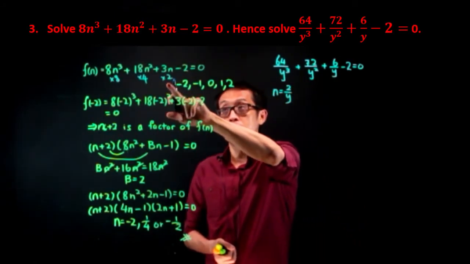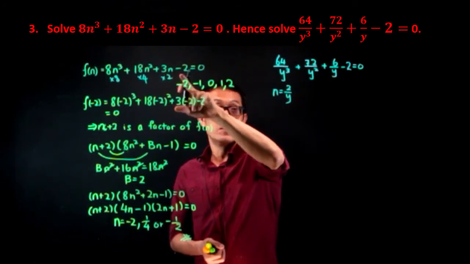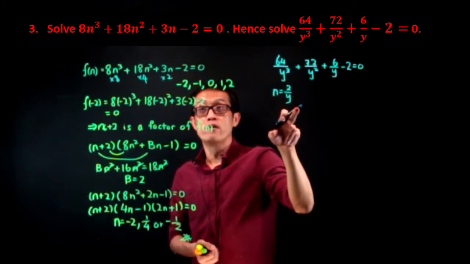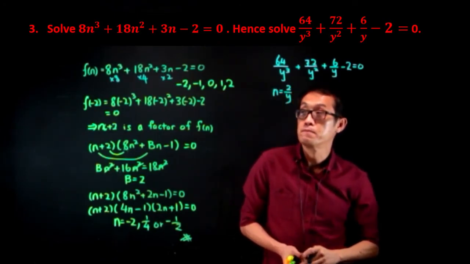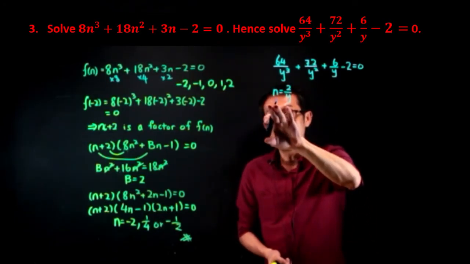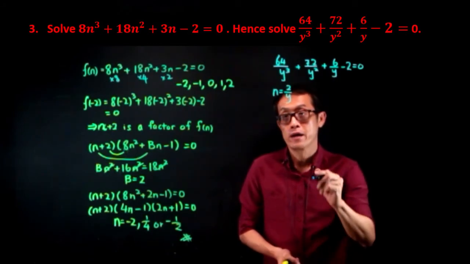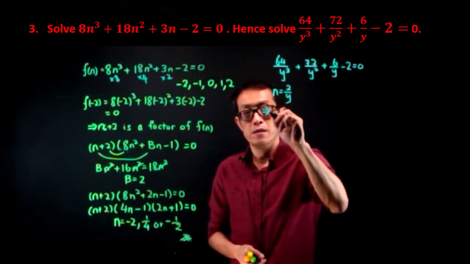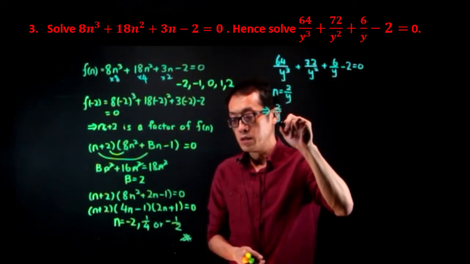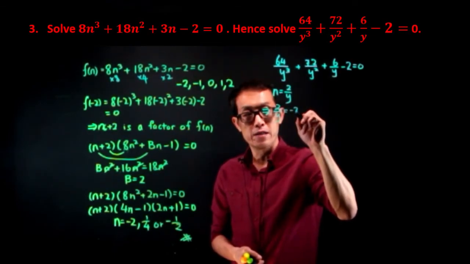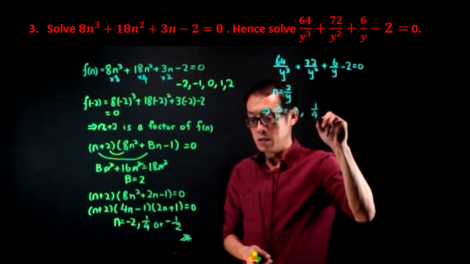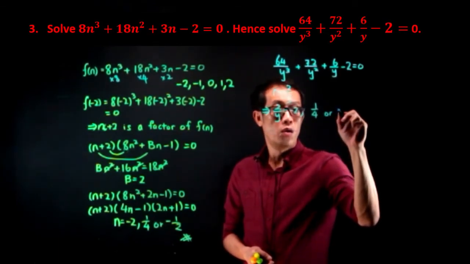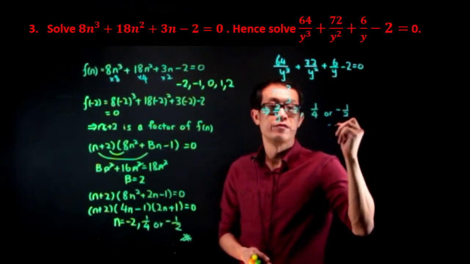Now let's check another one. Let's check this one. You replace n with 2 over y, you get 6 over y. Now if n is equal to 2 over y, it implies that 2 over y will be equal to minus 2, a quarter, or minus half.